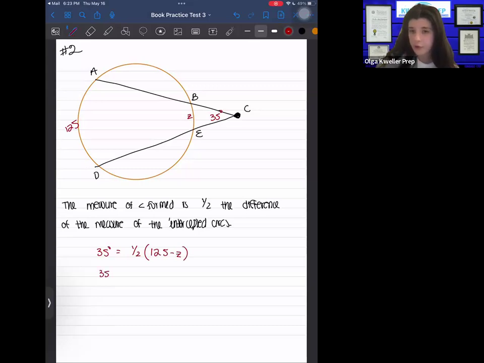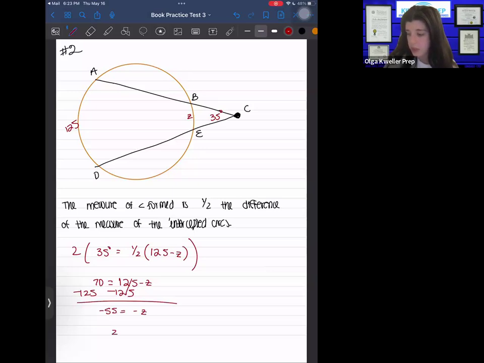Let's multiply by 2 on both sides, just to get rid of that 1/2. We end up with 70 degrees equals 125 minus Z. I'm going to subtract 125 from both sides, and then we end up with negative 55 equals negative Z. So Z ends up being 55 degrees.